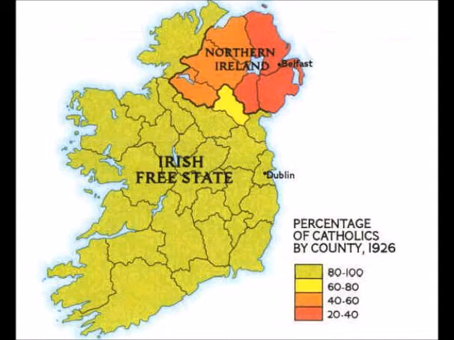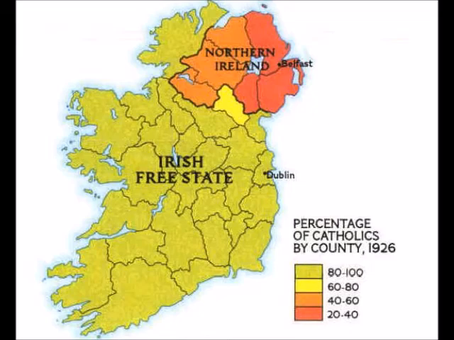Only the six counties in the north, which was largely Anglican and Presbyterian, where the plantation movement had been strongest, those counties remained, and to this day remain, part of the United Kingdom. But at that time, the southern part of Ireland became its own free, independent republic, again known as the Irish Republic, or the Irish Free State, or Eire, E-I-R-E.